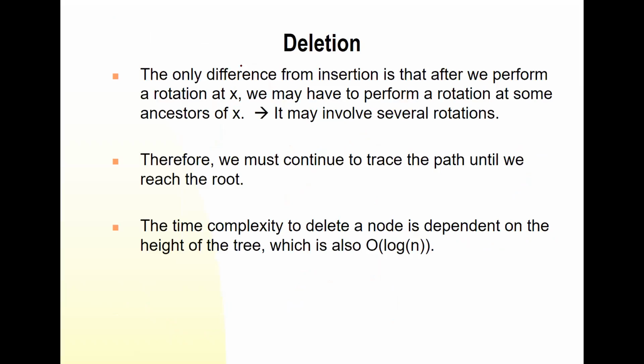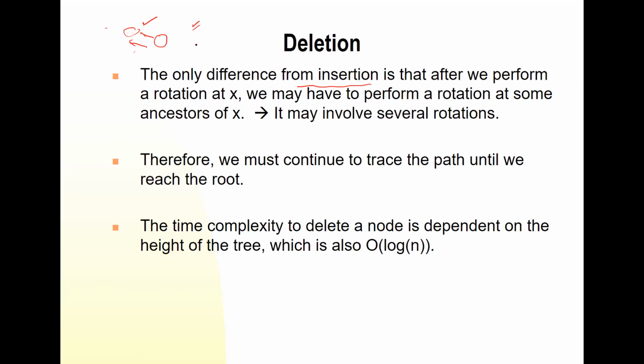If you recall the concept of insertion in an AVL tree, when inserting a new node, it may change the balance factor of any of its ancestor nodes, traveling in the upward direction one by one. In that case, you have to perform the respective rotation.